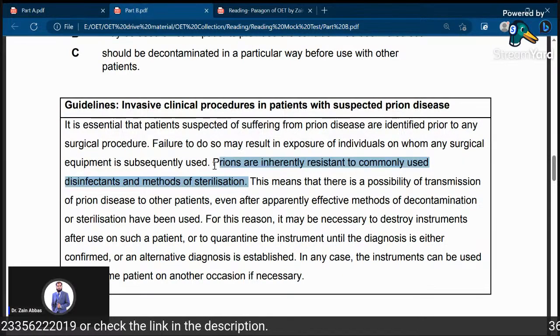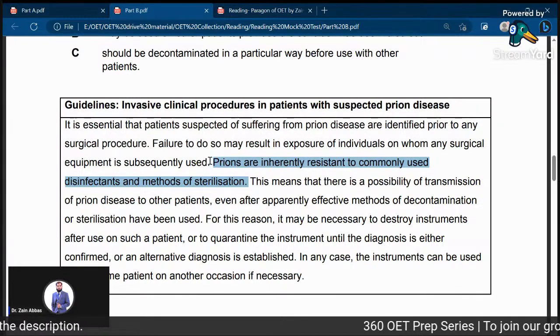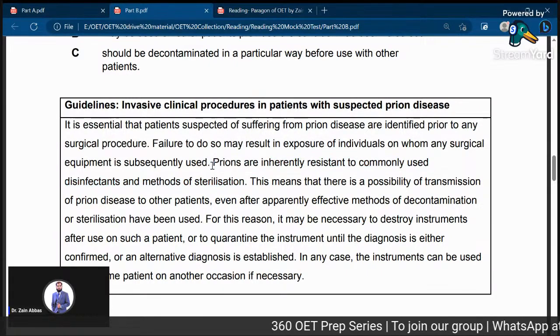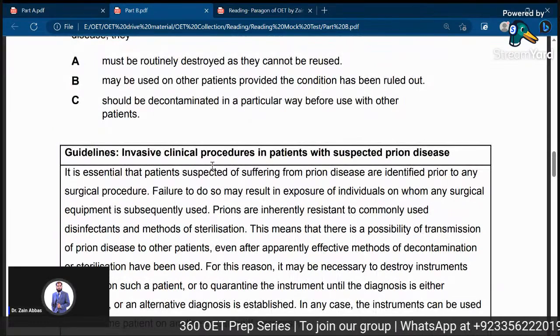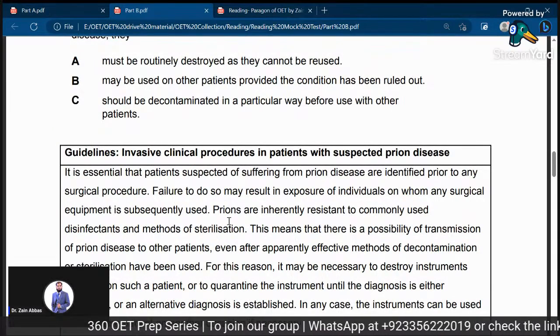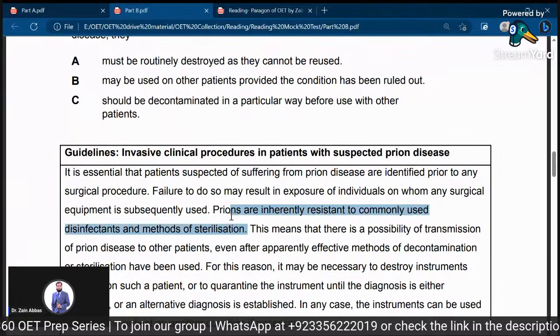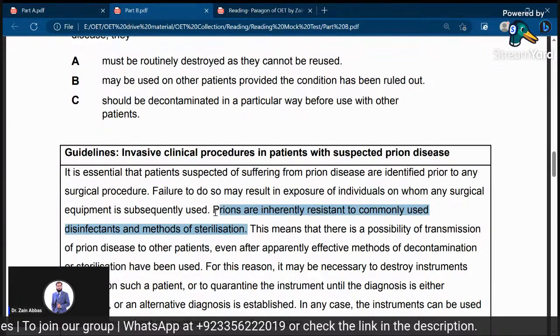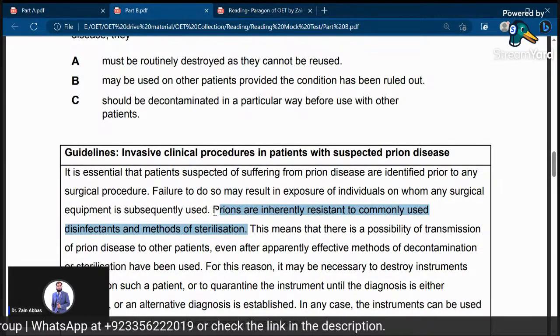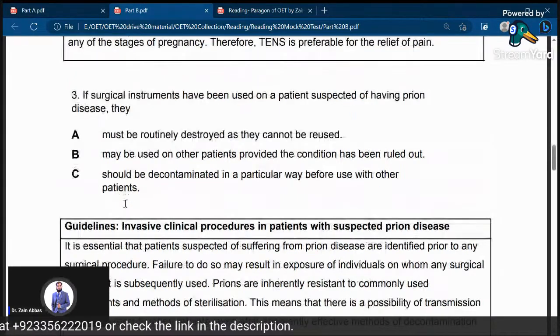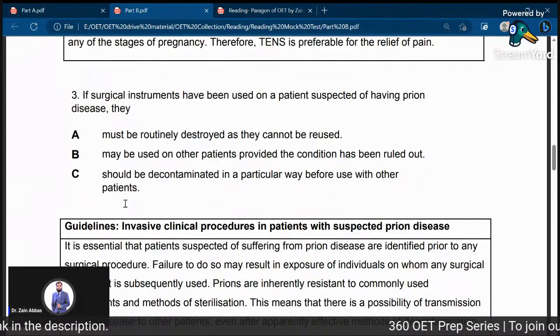So we have this line that can rule out the second option, like it cannot be used in any other patient in any other condition, because they are inherently resistant to commonly used disinfectant and methods of sterilization. So that's all about today's important tips and tricks.